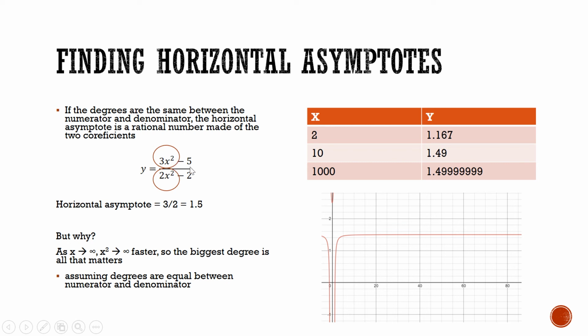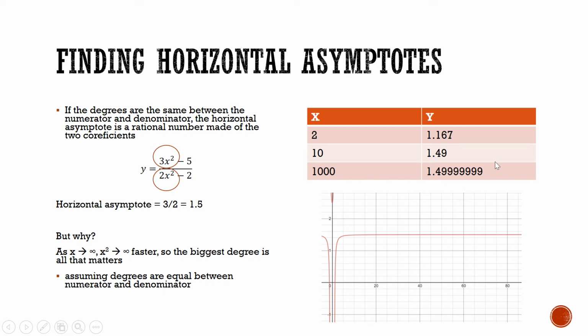This is x squared, this is x to the 0, so the 2 is the bigger one. We just need to look at the coefficient of the numerator over the coefficient of the denominator. So in this case, it's 3 divided by 2. 3 over 2 is 1.5. So here we have our horizontal asymptote.